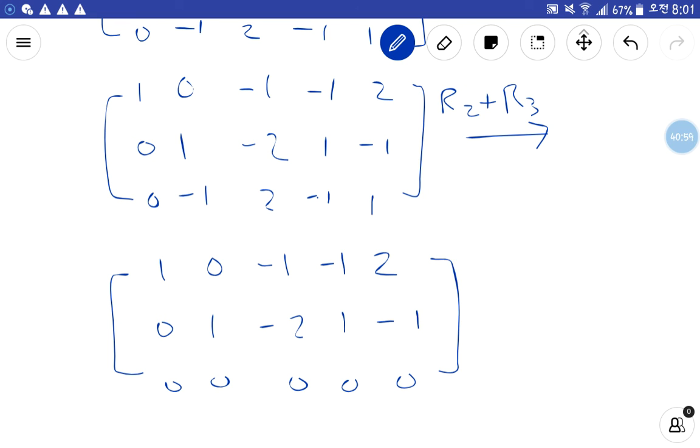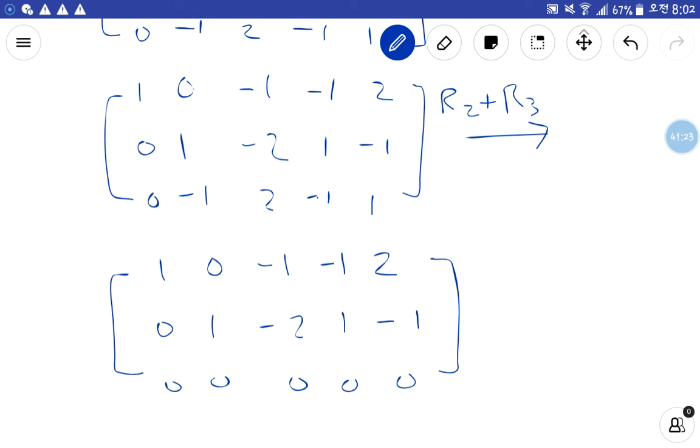Alright, so now we have the reduced row echelon form, which is 1, 0, -1, -1, 2; 0, 1, -2, 1, -1; and 0, 0, 0, 0, 0.